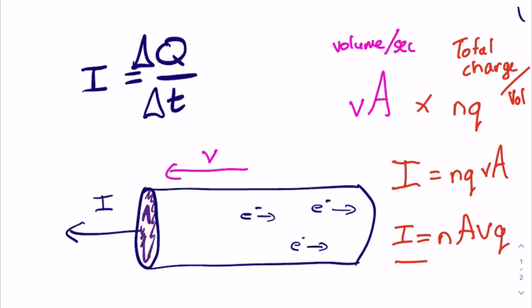So this gives us a way of figuring out either how fast charge carriers are moving within a material, or the dimensions of the wire, or the current that would be flowing when the charge carriers were flowing at a particular speed.